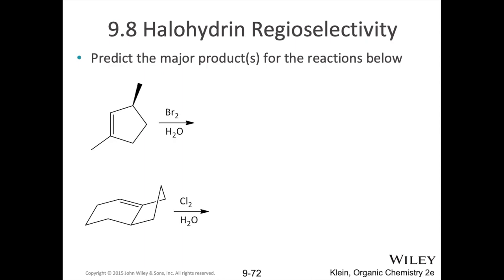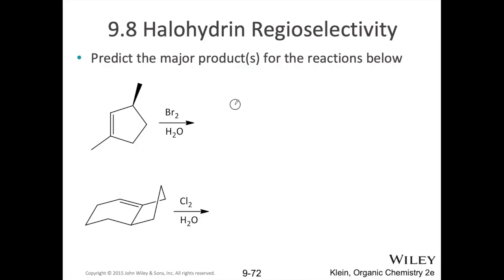Okay. So you want to keep in mind, of course, our stereoselectivity as well as our regioselectivity. So remember now, out of these two carbons, which one's going to get the bromine and which one's going to get the alcohol group from our water? Well, remember, the alcohol group winds up on the more substituted carbon. That's this carbon down here.